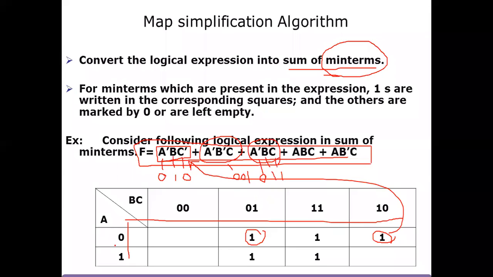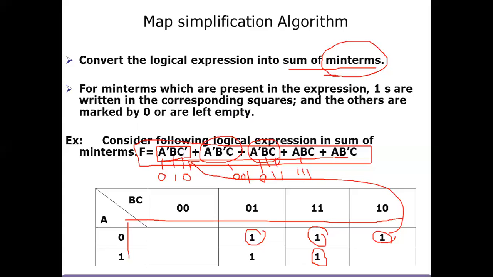So A dash, B, C, which is 0, 1, 1, corresponds to this. And then we have A, B, C, which are 1, 1, 1, and we get 1 here.